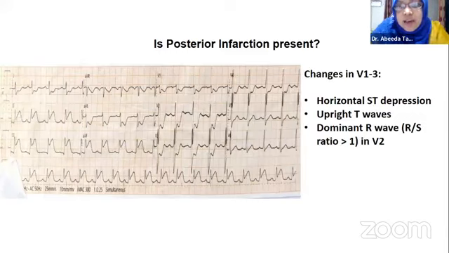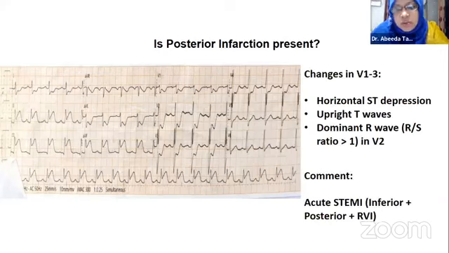In V1 to V3, there is horizontal ST depression, upright T waves, and dominant R waves, so we would say there is also posterior infarction. The final comment on this ECG: this is acute ST elevated myocardial infarction, inferior plus posterior wall involvement with right ventricular infarction.